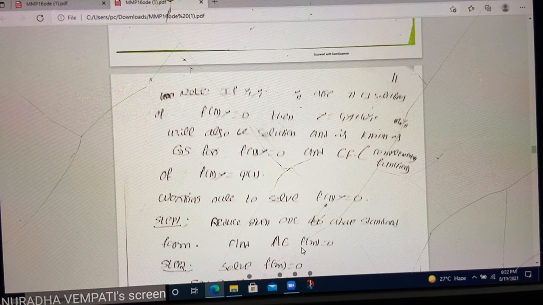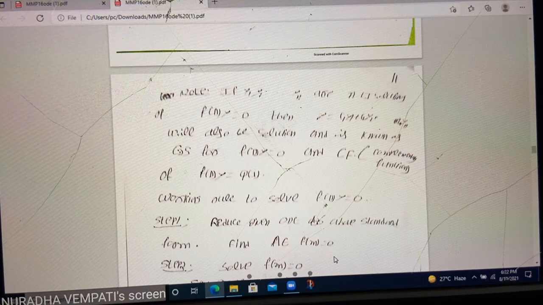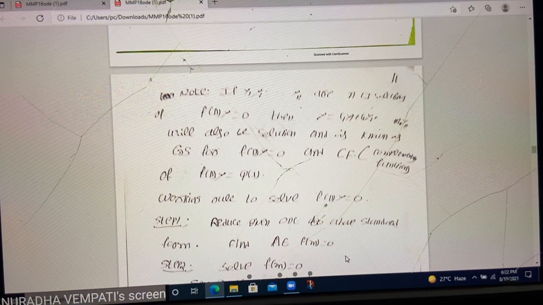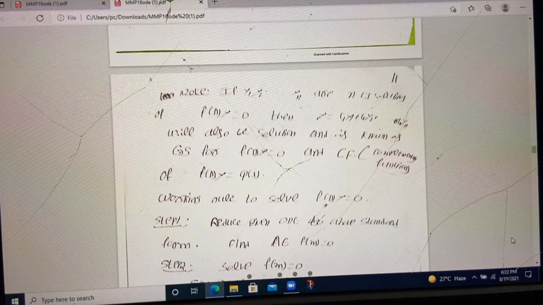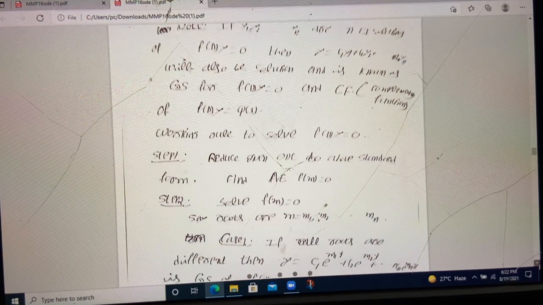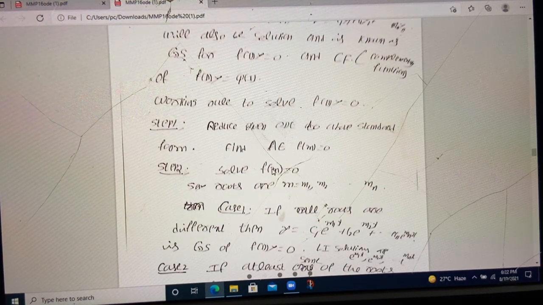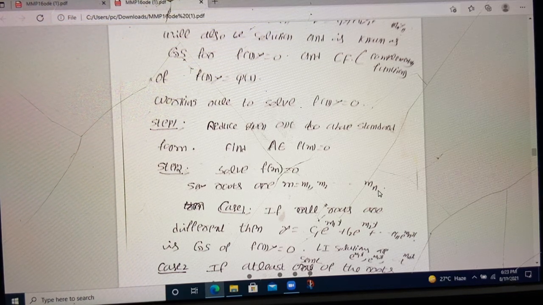Then find the auxiliary equation: replace D by m, that is f of m. Solve it. If it is an nth order equation, you will get an nth degree equation. So if you solve the nth degree equation, you will get n roots, m1, m2, ..., mn.